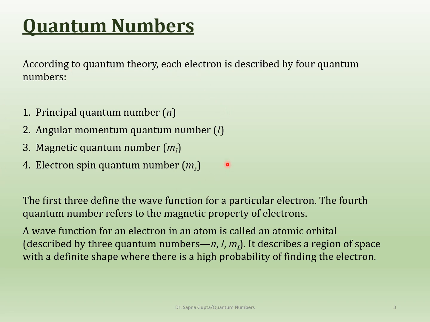The way I look at the quantum numbers is that when we are trying to say where an electron exists, it's almost like we are trying to give the address of an electron. So when I talk about an electron, you know exactly which electron I'm talking about.